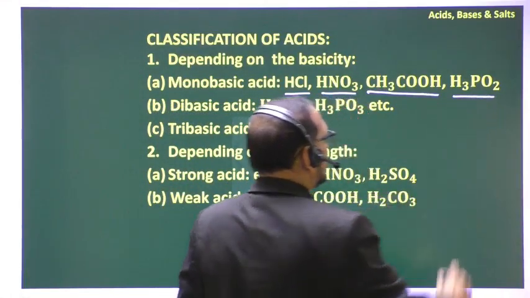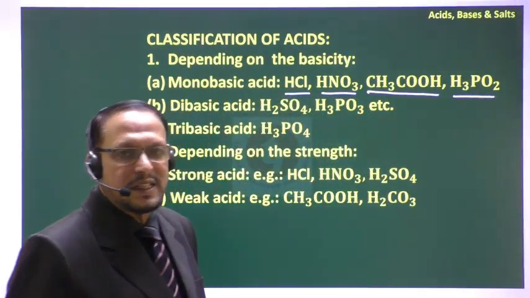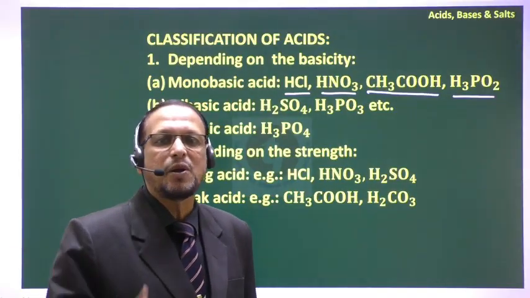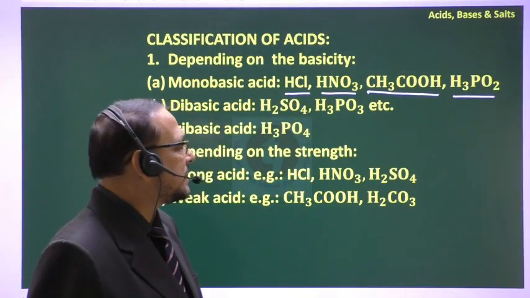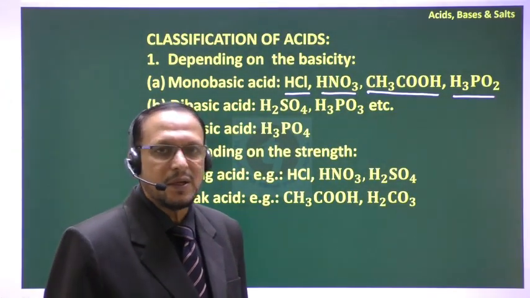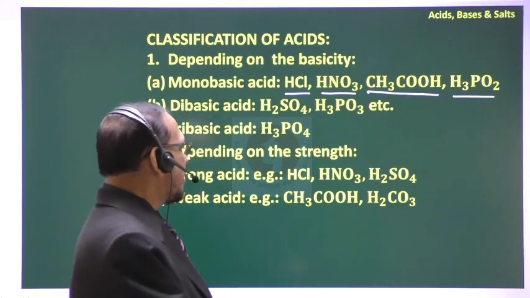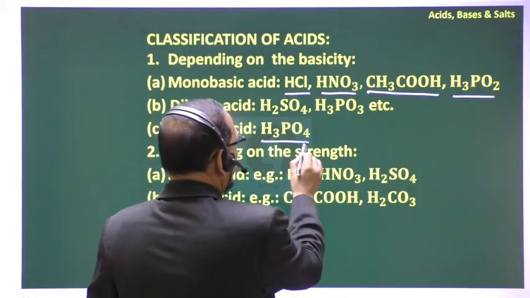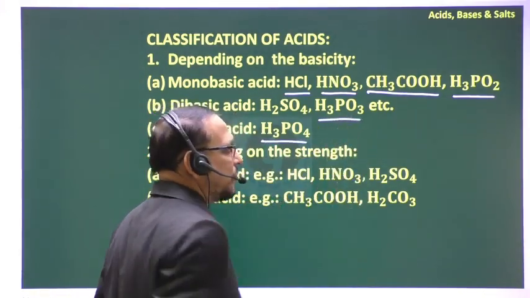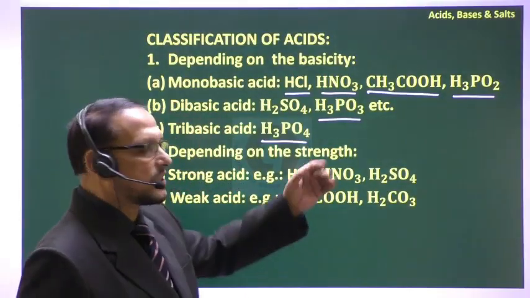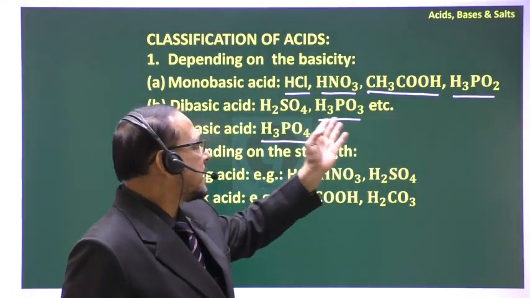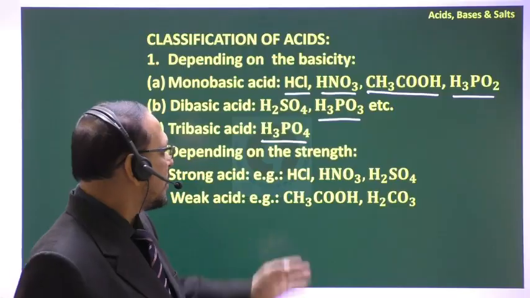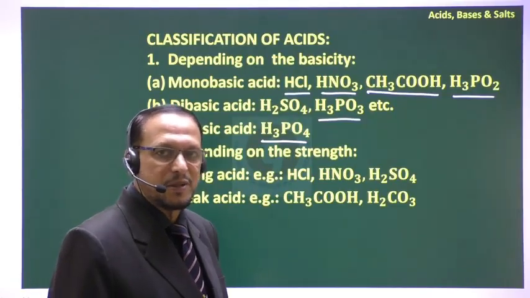H3PO2 contains 3 hydrogens, but only 1 is replaceable, that's why it is monobasic. H3PO4 and H3PO3 we will learn later on; we will compare them and I will discuss the structure also. Why H3PO2 is monobasic, why H3PO3 is dibasic, why H3PO4 is tribasic is a very important question.